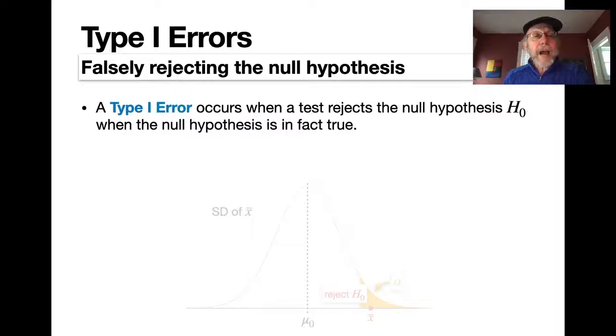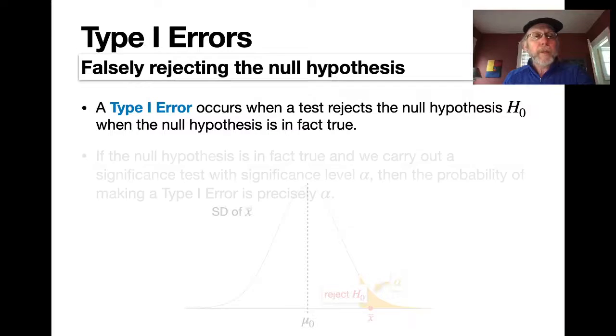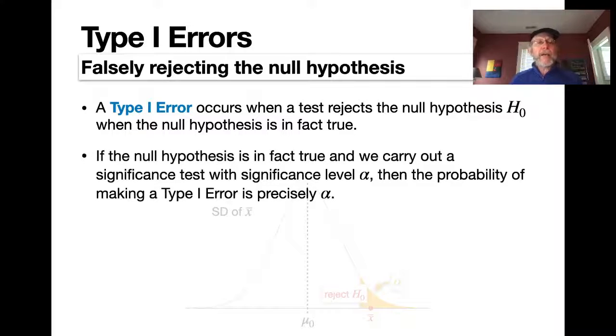We say that a type 1 error occurs when a test rejects the null hypothesis H0 when the null hypothesis is in fact true. And what we've just seen is that if the null hypothesis is true and we carry out a significance test with significance level alpha, then the probability of making a type 1 error is precisely alpha.